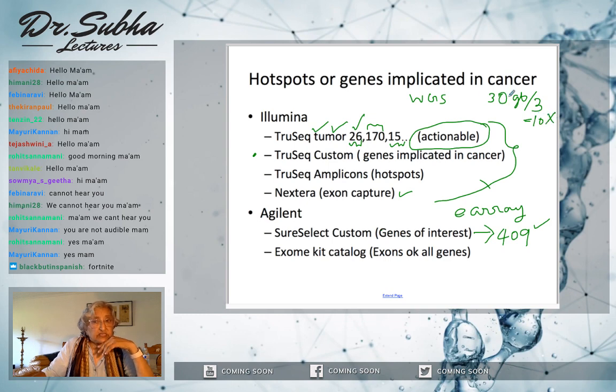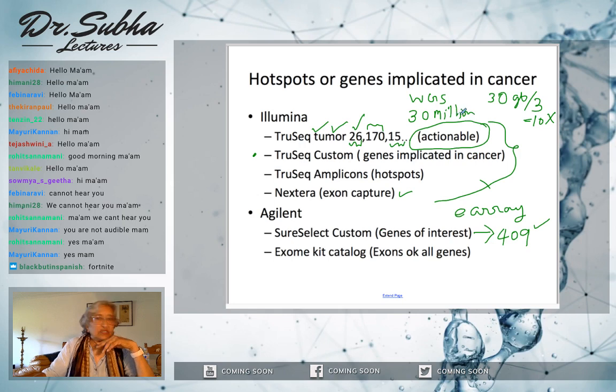But for the same amount of data, if I'm only interrogating 30 million positions, why am I saying 30 million? Because our coding regions are only 30 million, about 1 or 1.5% of our genome is really coding.